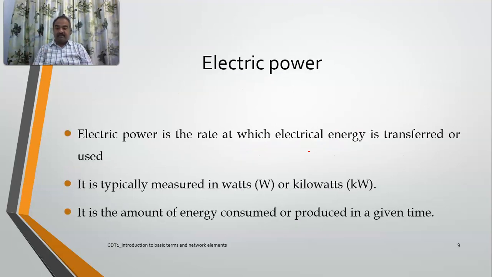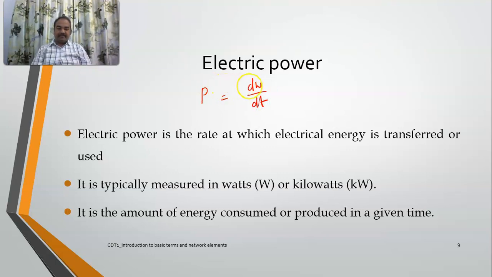The next is electric power, the other term, which is the amount of energy transferred per second, or the rate at which electrical energy is transferred. Power is generally represented by capital P. There are other types of power also, active power, reactive power, complex power, that we will see in unit number 2. But right now I am referring to it as P, which is the rate at which energy is transmitted.